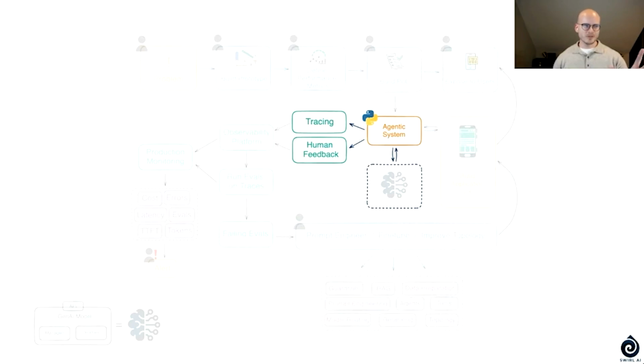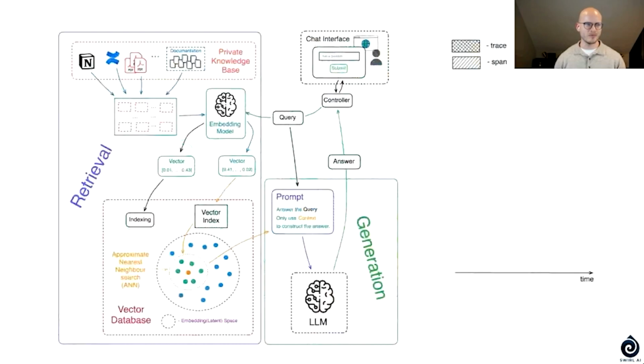Even though we are now building quite advanced agentic systems, it is always very helpful to look into the fundamentals of tracing from the very simplest system. So the good old retrieval augmented generation, right?